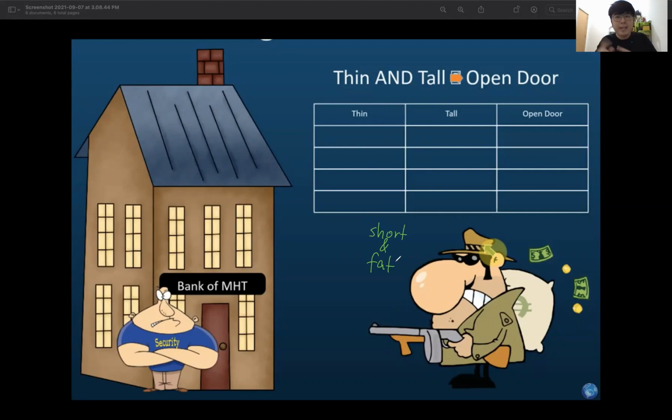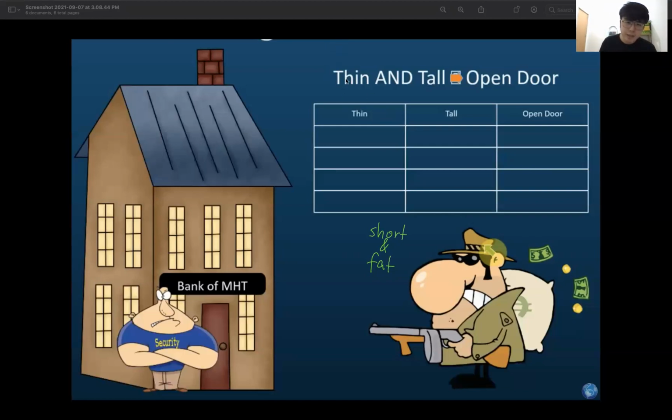So he's going to hire a security guard that helps him guard the bank, guard the door. Now, this manager tells his security guard, he gives a certain instruction: you only open the door to a person who is thin and tall.